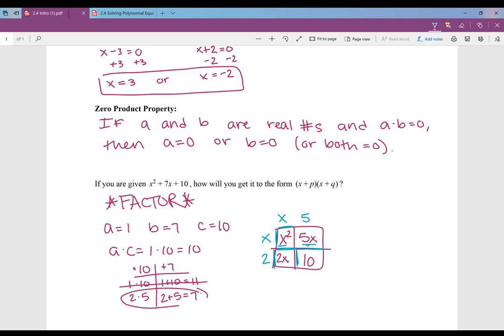That would be 5. Double check our last box. 5 times x, is that 5x? Yeah. So our answer is x plus 2 times x plus 5. So if you started with your polynomial in standard form, to get it to factored form, you would need to factor, and then we can set it equal to 0 and solve for x.